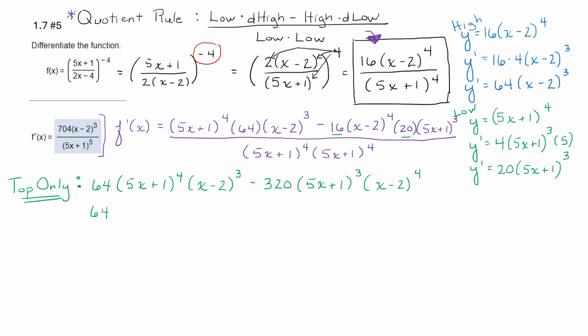If I look at the 5x + 1, it is in both terms, so I can pull it out, and you pull out the smallest exponent, so the third. And if I look at the x - 2, it's also in both terms, with the smallest exponent being 3. So that's my greatest common factor.